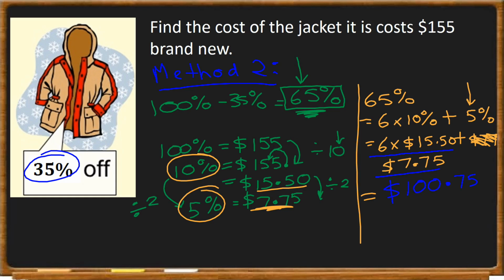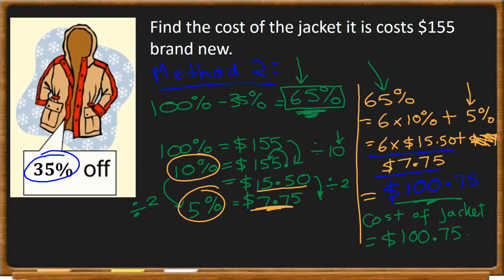So it turns out that once you take off your 35%, you're only paying for 65%, which means you're really only paying $100.75. So I just draw a quick conclusion: cost of jacket equals $100.75.